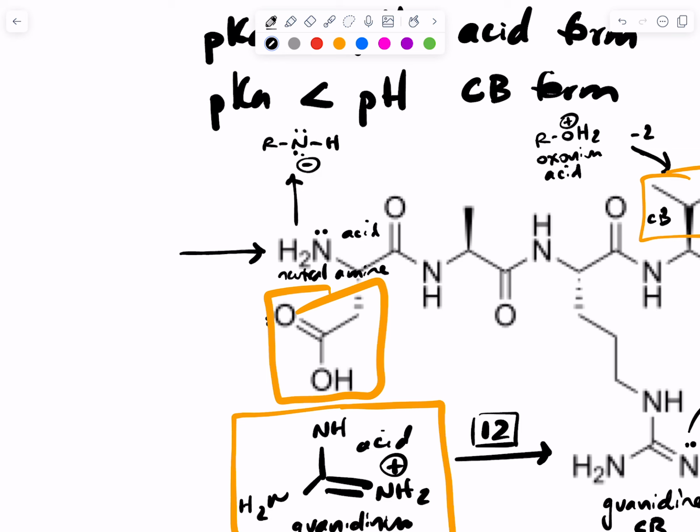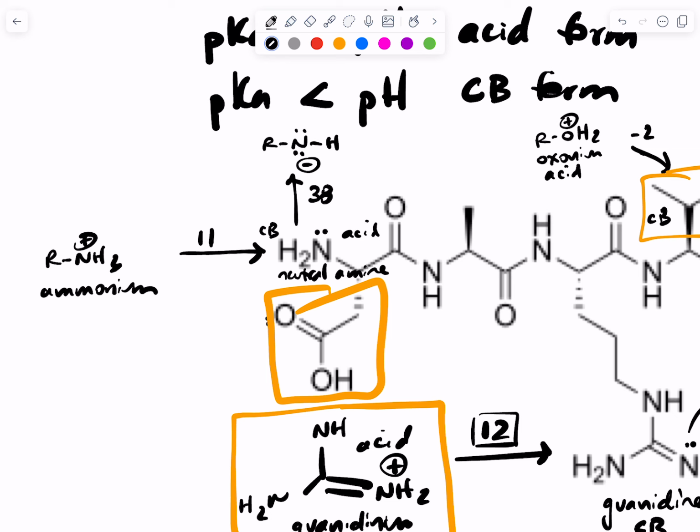The negatively charged conjugate base looks like RNH minus, and its pKa is 38. That's so high as to not be relevant biologically, but we'll talk our way through it. Then the neutral amine is also the conjugate base of the positively charged acid form, this ammonium form, and that pKa is 11. All right?